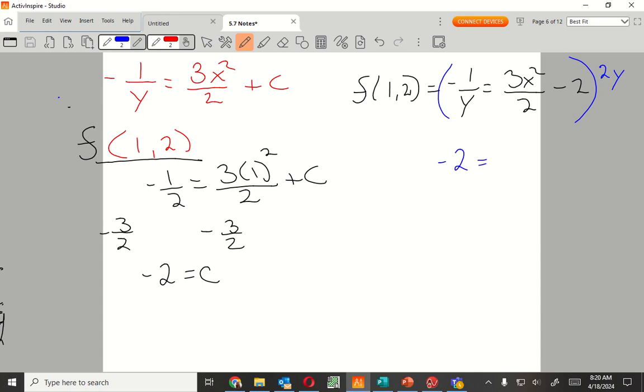Equals, as I distribute over here now, the 2's cancel, and I'm left with 3x squared y. And then my last one over here is going to give me negative 4y.